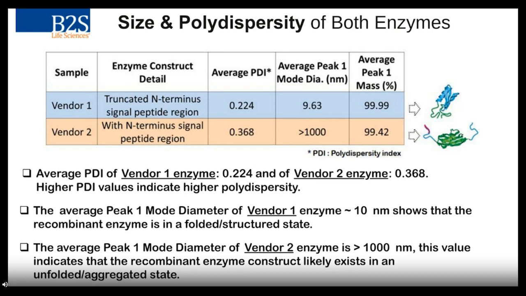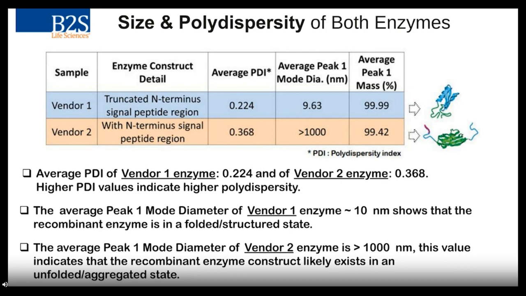And if you also look at the mode diameter of the first peak, which would correspond to the monomeric protein, it is much smaller, under 10 nanometers for the diameter. And the mass percentage of it is nearly 100%.